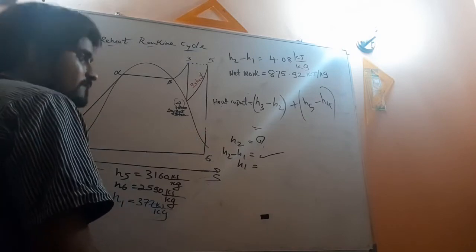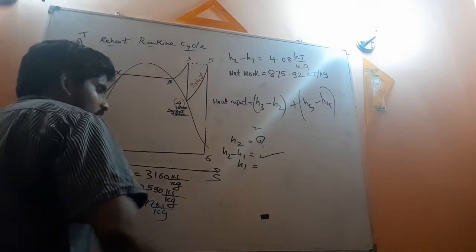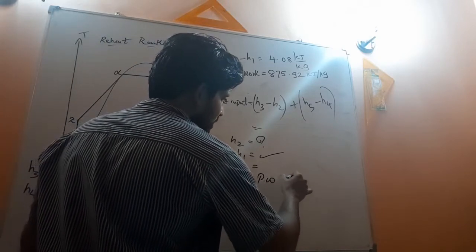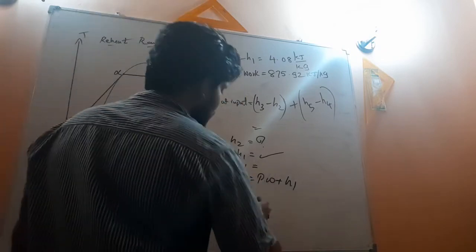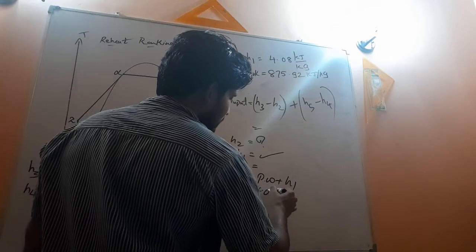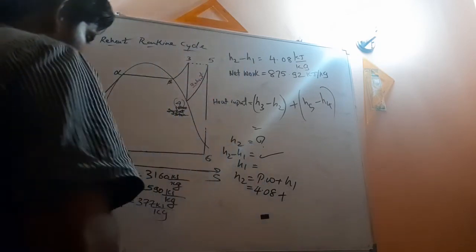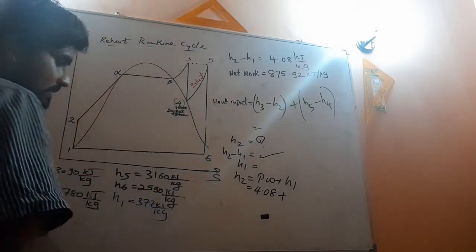Okay. So H2 equals pump work plus H1, right? So what is pump work? 4.08. What is H1? Enthalpy of saturated liquid at 0.7 bar, 377.